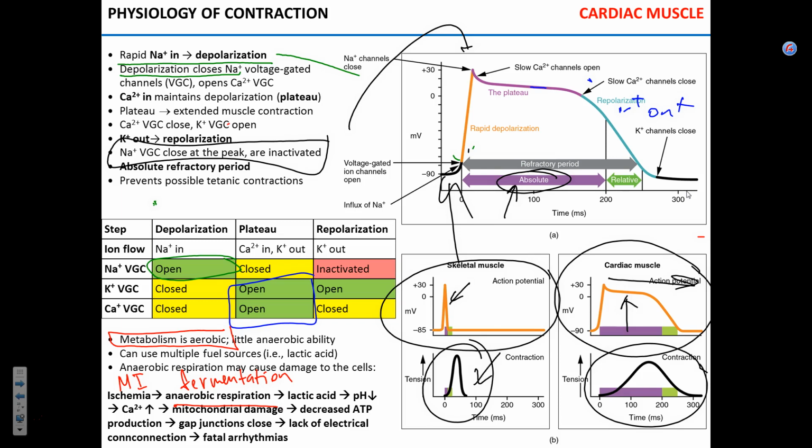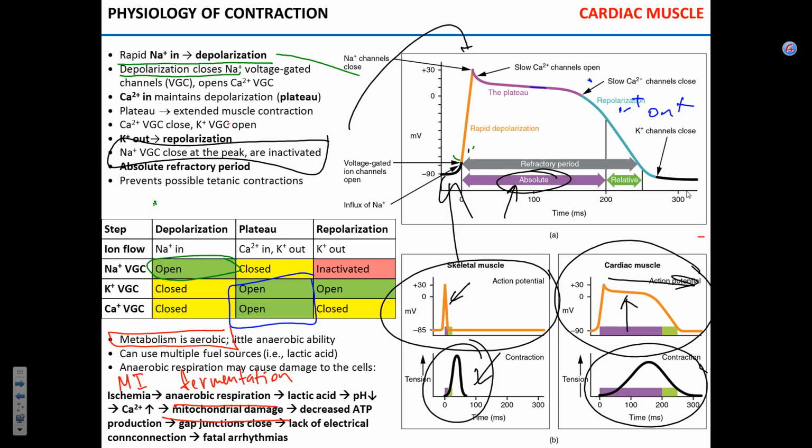Fermentation in the muscle leads to the production of lactic acid. And lactic acid decreases the pH in the cytoplasm of the cardiomyocyte. Decrease in pH automatically leads to the release of calcium from the sarcoplasmic reticulum, and excessive calcium causes mitochondrial damage. So far, we're good?